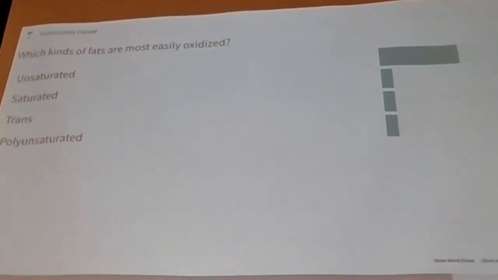So yeah, anything that's unsaturated is going to be more easily oxidized. So polyunsaturated would definitely fit in that category. And if that were like a free response on a test, I would definitely accept that.